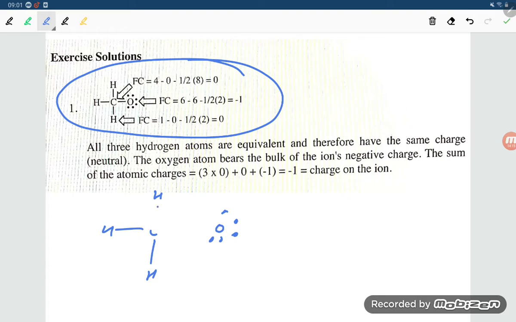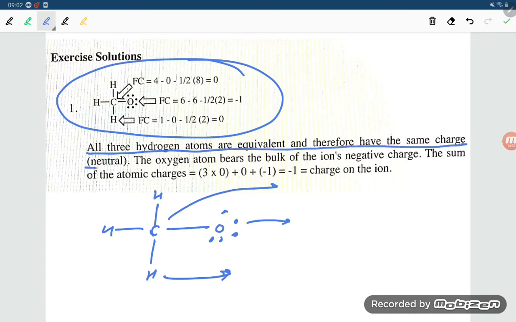Calculate the formal charge of the carbon, oxygen and hydrogen. All three places we have to calculate the formal charge. Now, students, all three hydrogen atoms are equivalent, therefore they have the same charge in the neutral. The oxygen atom bears the bulk of the ion's negative charge. The sum of the atomic charges is -1, they are saying.